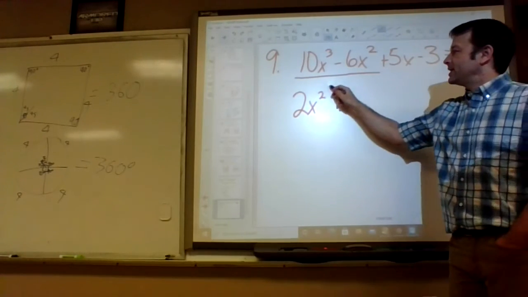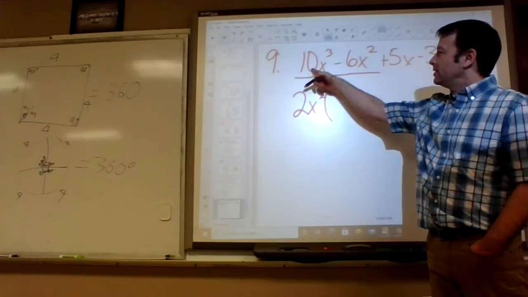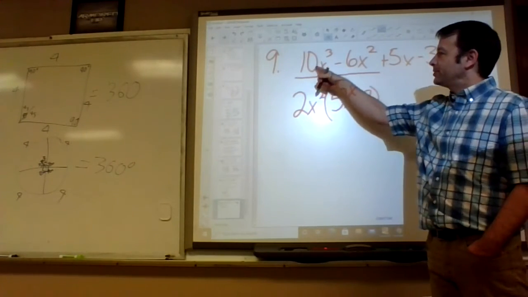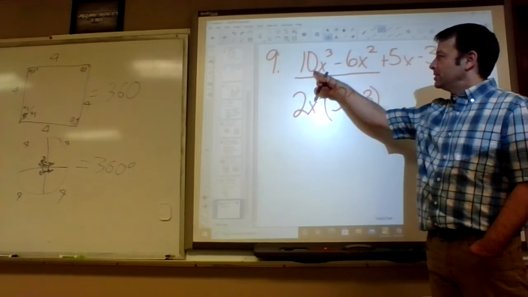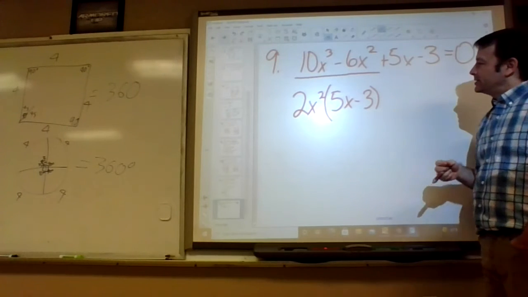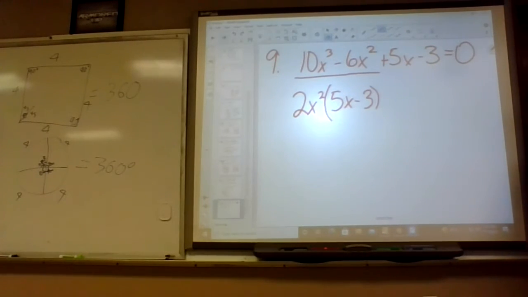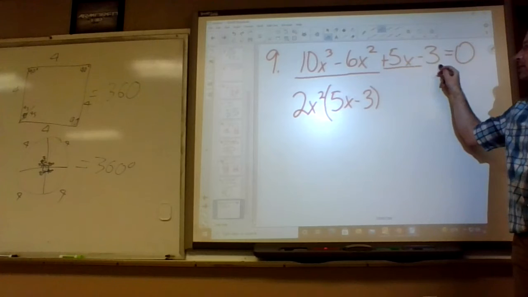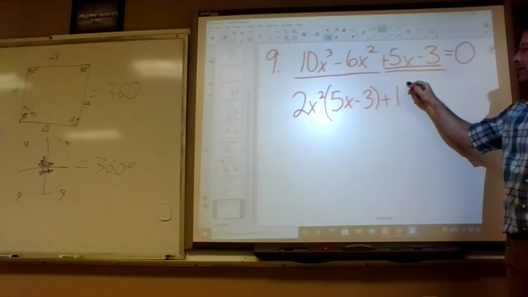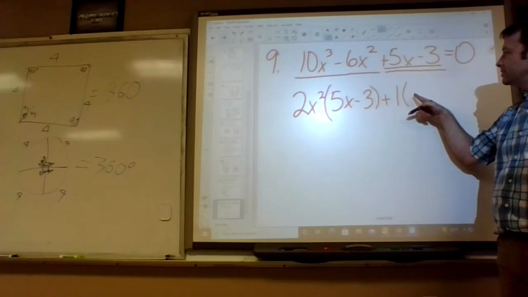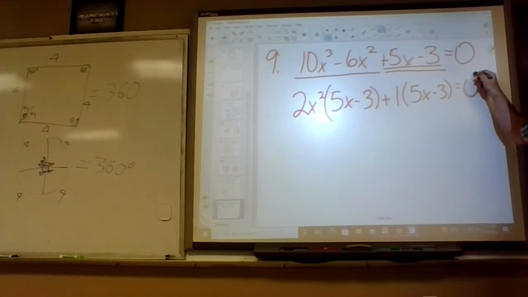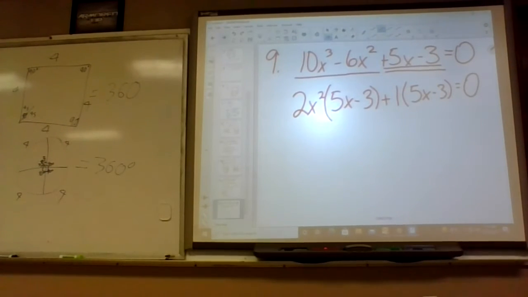Okay, what's left if I take that out? 5x minus 3. And then for the other one, you can't even take anything out. So I'm just dividing both terms by 2x squared. That gives me 5x minus 3. And I can't take anything out of the other side. So what am I going to take out? Plus 1. We kind of need a number there for a placeholder. That makes sense.